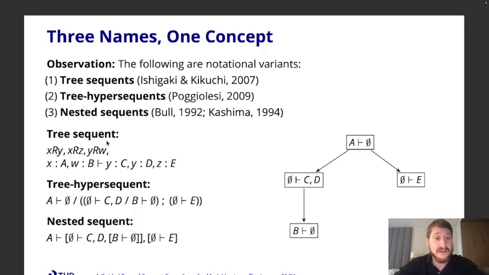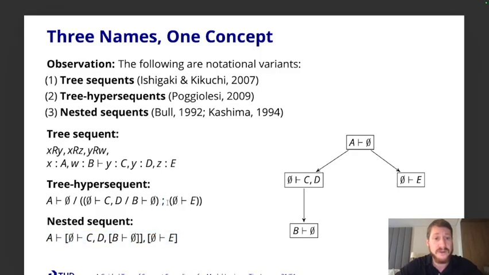So what I've done here is I've given three examples. This is an example of a tree sequent. This is an example of a tree hypersequent where the parent-child relation is given by this slash, and the sibling relation is given by this semicolon. And here's an example of a nested sequent.